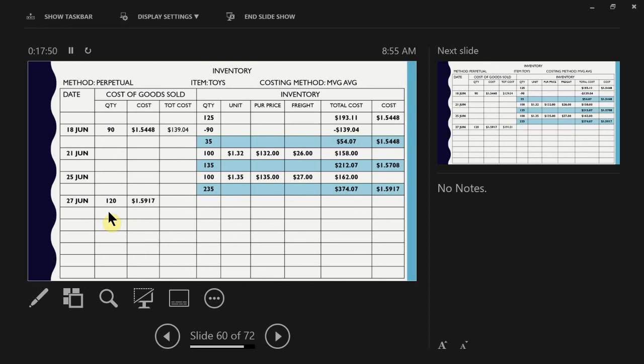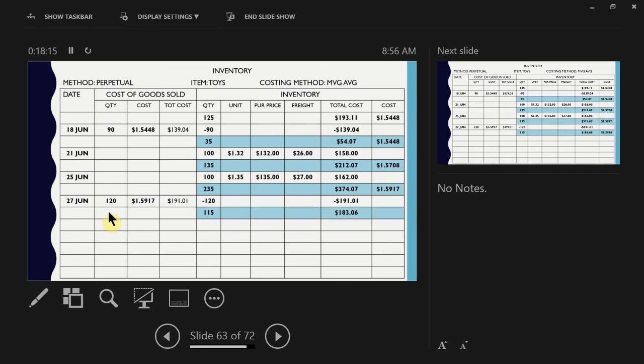And we're selling the entire thing anyway, because this is the total amount of items I have available to sell. And because we're doing average costing, I'm not going to split it. So you're going to take that number and multiply it by each one. And I should get $191.01. Of course, we're going to subtract that out.